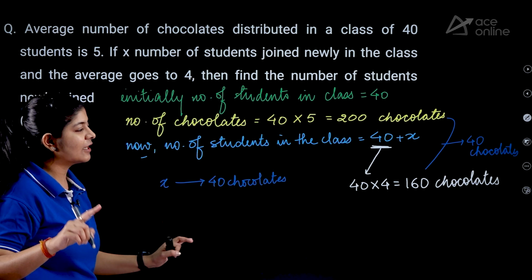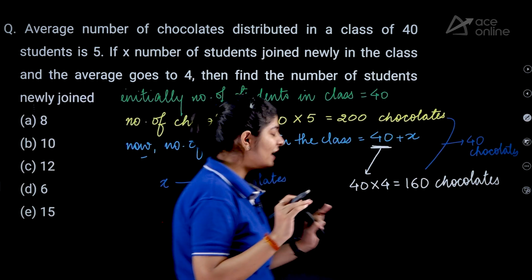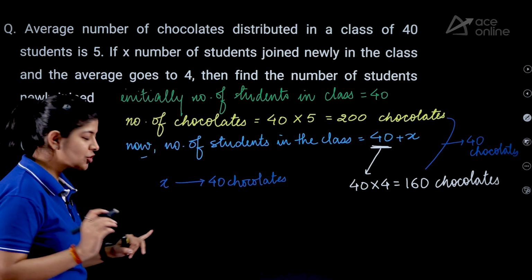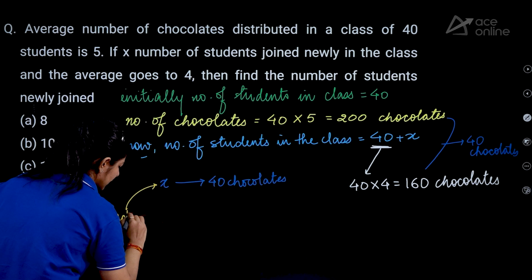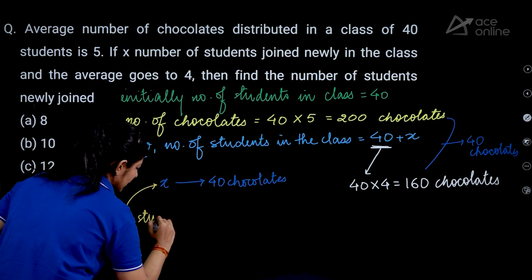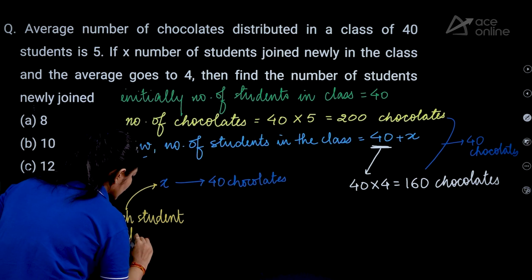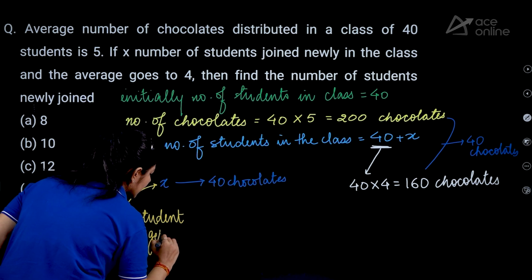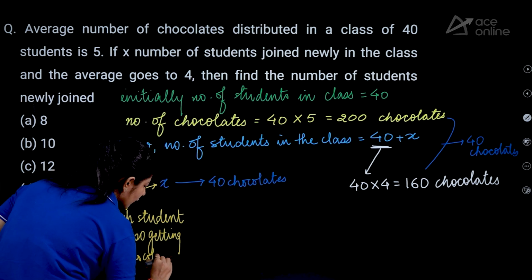If the average of the class is equal to 4, then we can say that each student is also getting 4 chocolates.